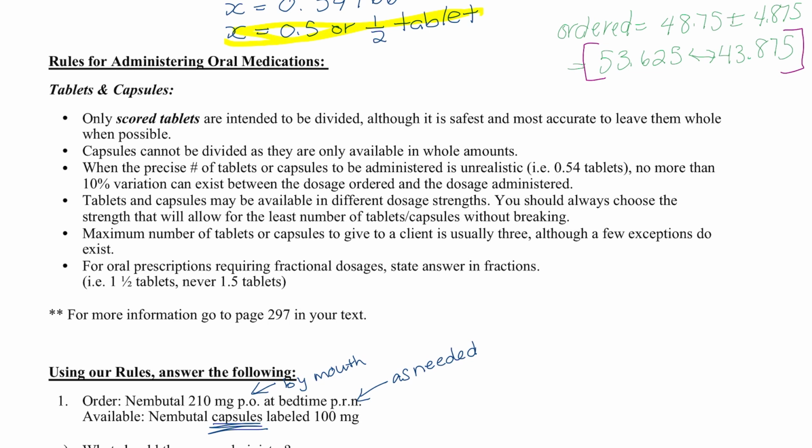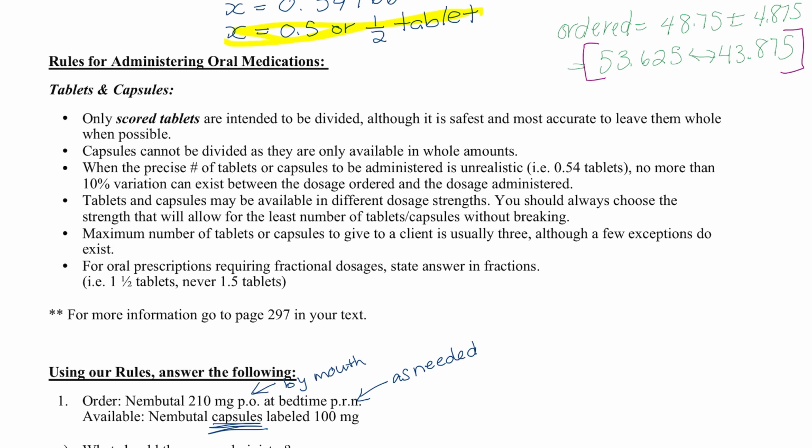When doing that rounding, you then need to make sure that what you're giving them is not more than 10% above or below what was ordered. If you have to choose between different dosage strengths, you should always choose the strength that allows for the least number of tablets or capsules without breaking, or the one that gives the most accurate or exact amount.